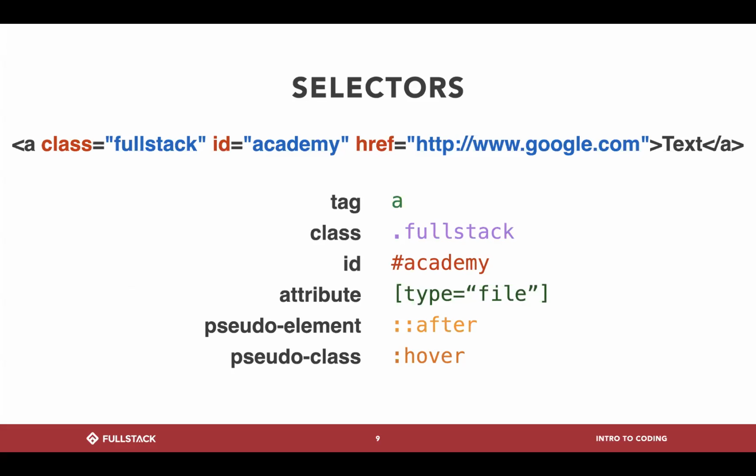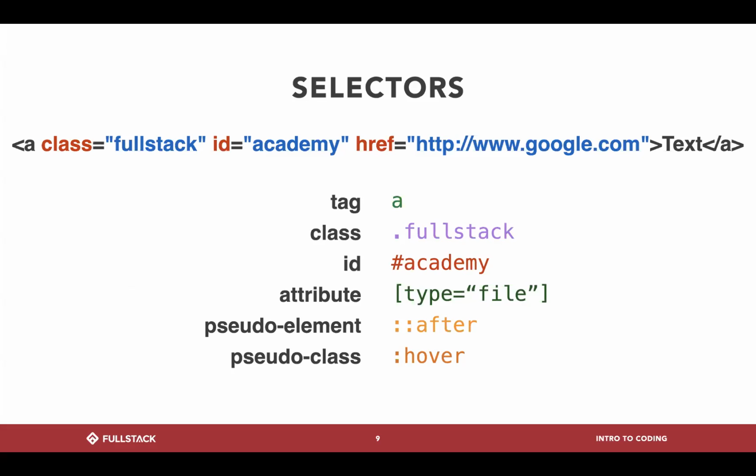We can also select off of other types of attributes. So there's an attribute called type, and you can say anytime that I have an element that has an attribute called type and that has a value of file, apply this style to.